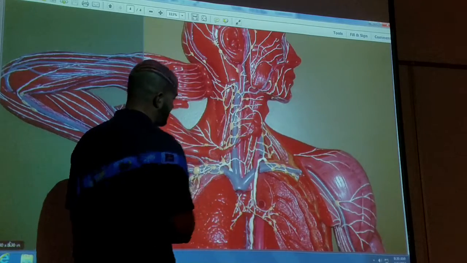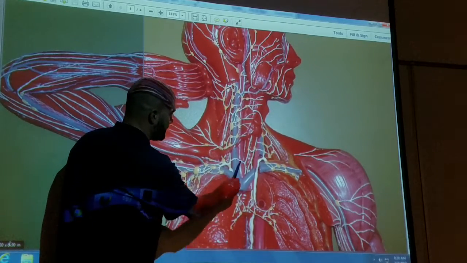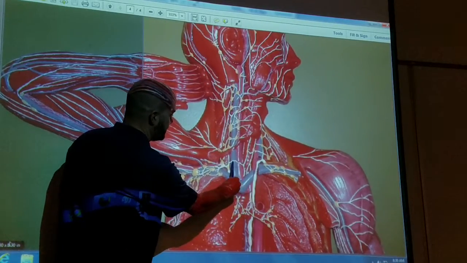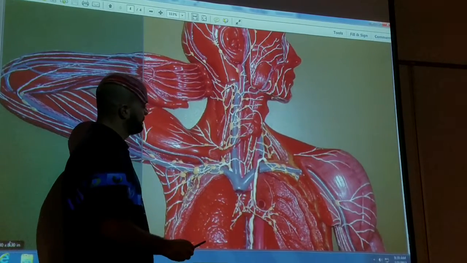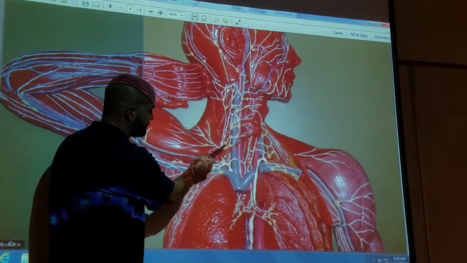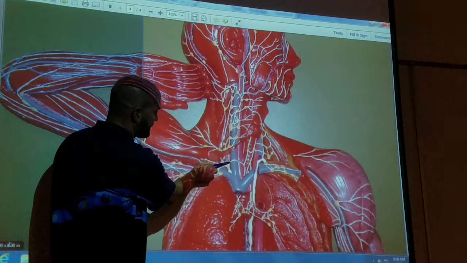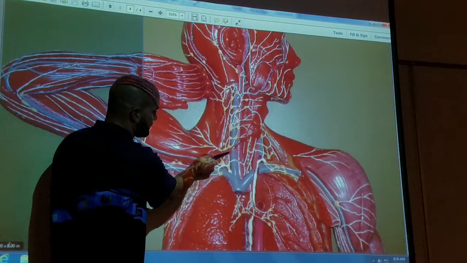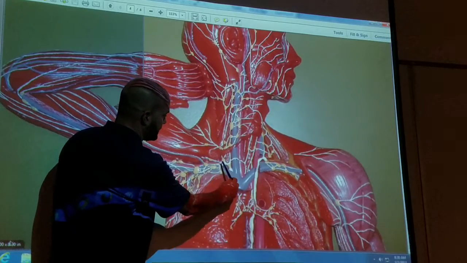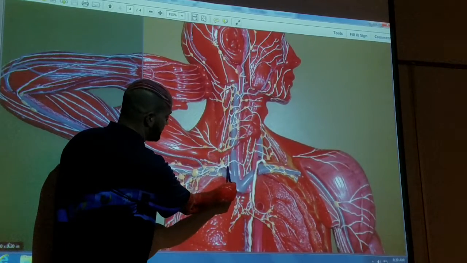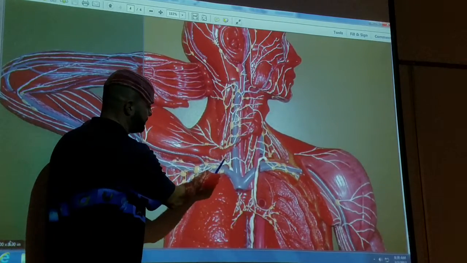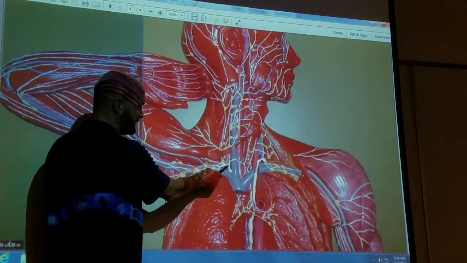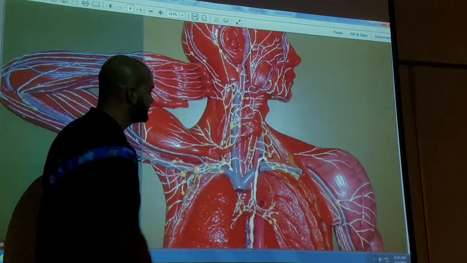Right lymphatic duct. This one coming over, emptying into it. Right bronchomediastinal trunk. This one here. Right jugular trunk, and this one coming in here. Right subclavian trunk. So you have 1, 2, 3 trunks emptying into the right lymphatic duct.